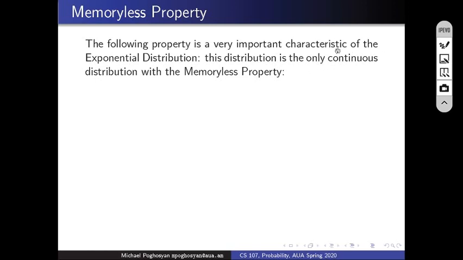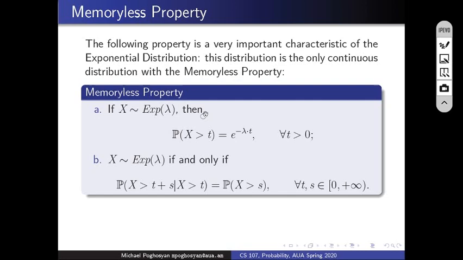So if we are talking about a continuous memoryless distribution, it is the exponential distribution. Let me give that property. First, we have obtained this: if X is exponential with parameter lambda, then the probability that X is larger than t is exactly e to the minus lambda t for any non-negative t.